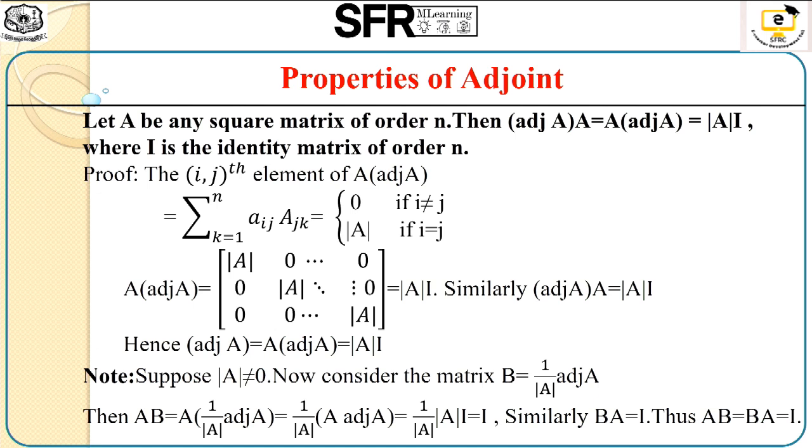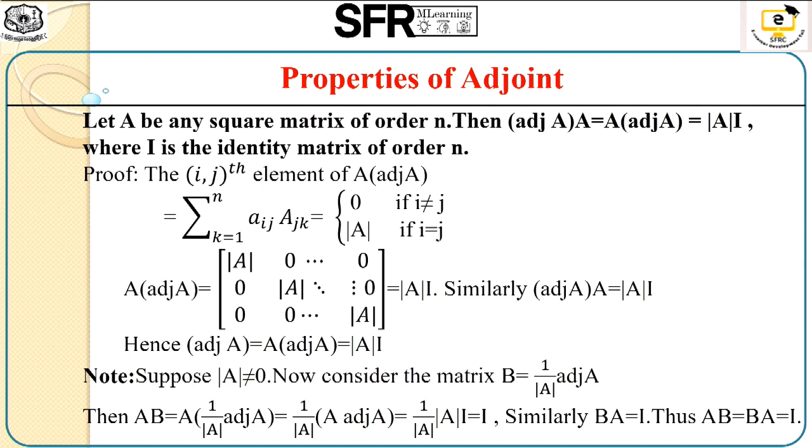Wherever we are having i equal to j, that is a diagonal element, we are having determinant A. So A into adjoint of A is determinant of A into the identity matrix, whose diagonal should be 1. Similarly, we can find adjoint of A into A, which is also determinant of A into I. Hence I proved this property: adjoint of A into A equals A into adjoint of A, which is determinant A into the identity matrix.